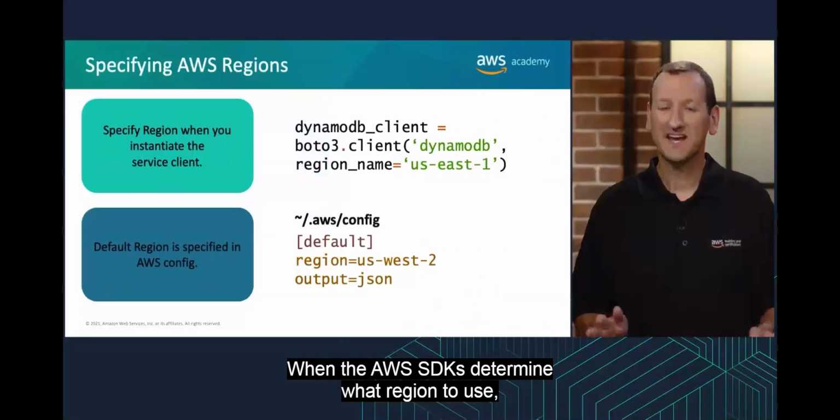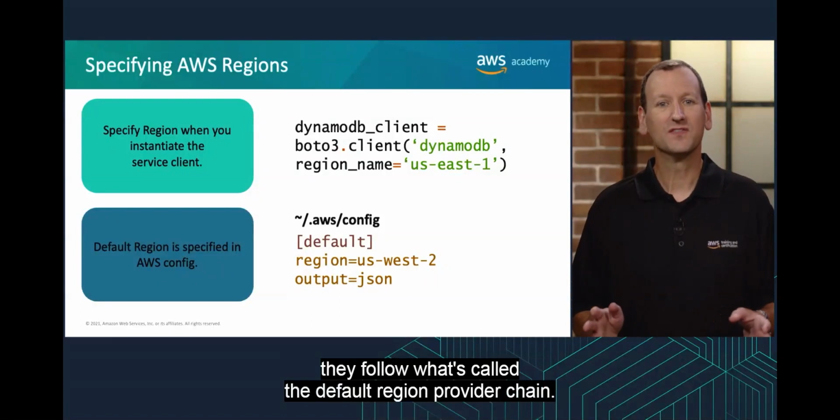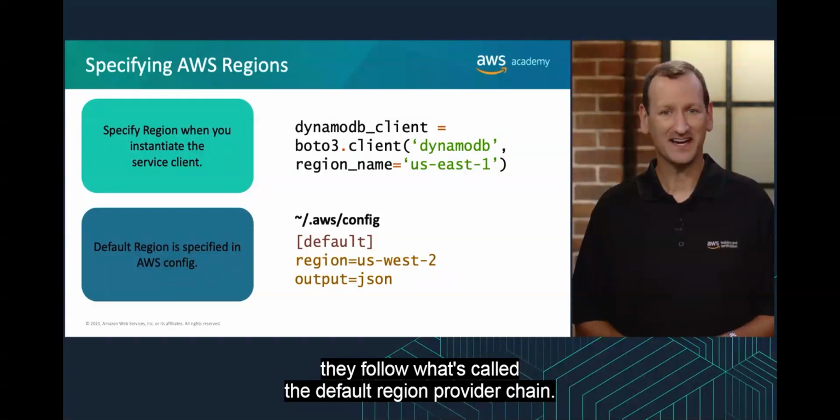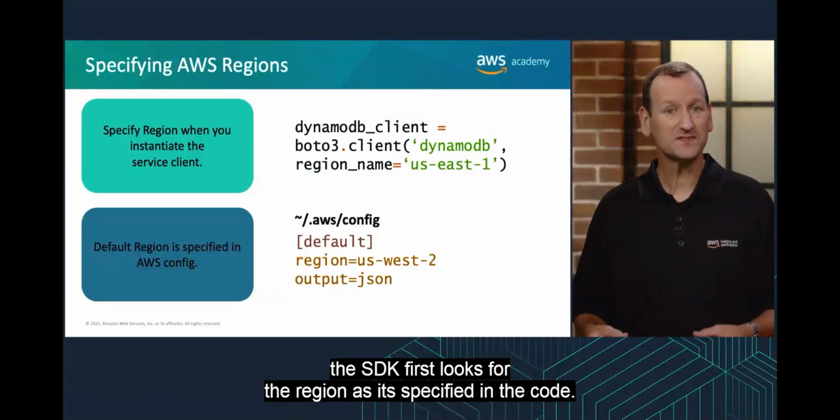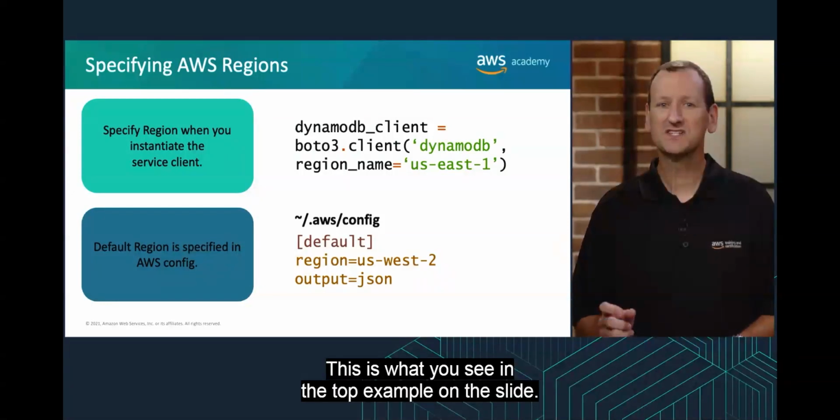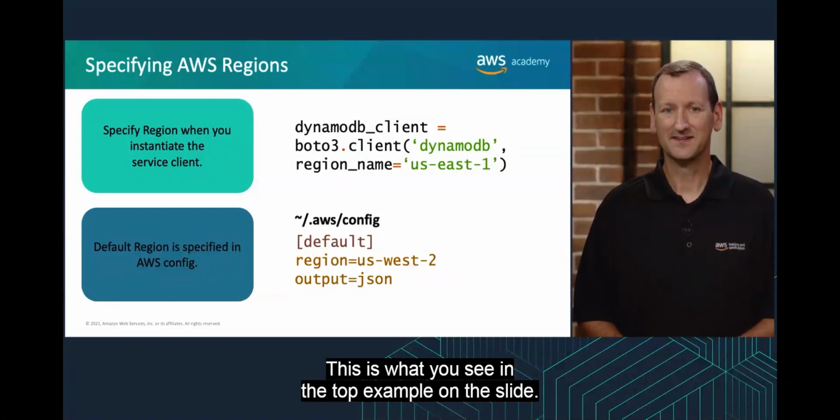When the AWS SDKs determine what region to use, they follow what's called the default region provider chain. Here's an example. When you run code in Java, the SDK first looks for the region as it's specified in the code. This is what you see in the top example on the slide.